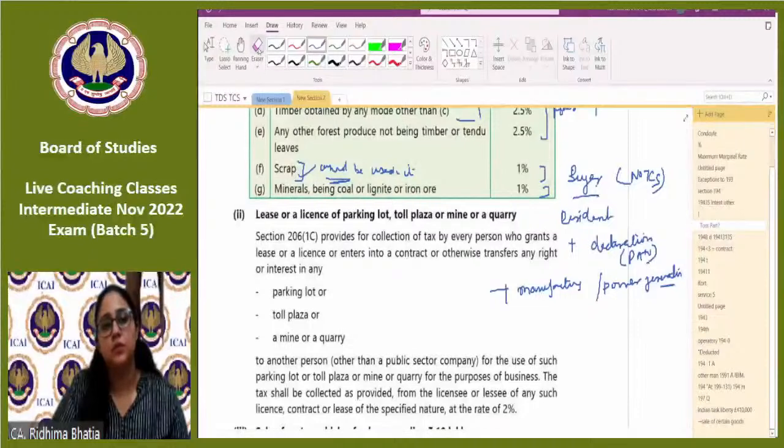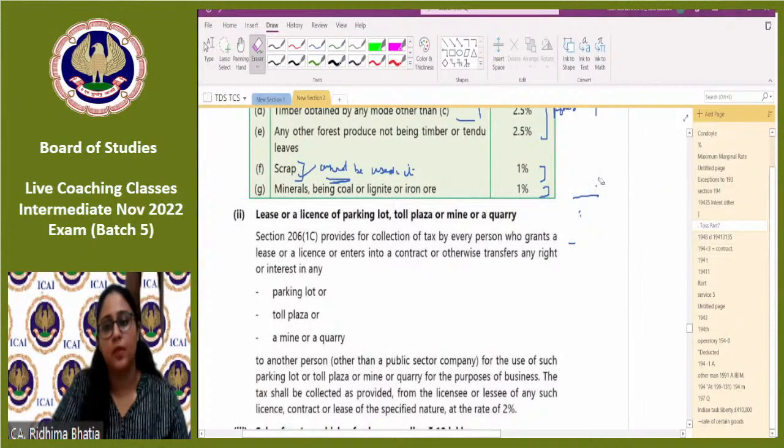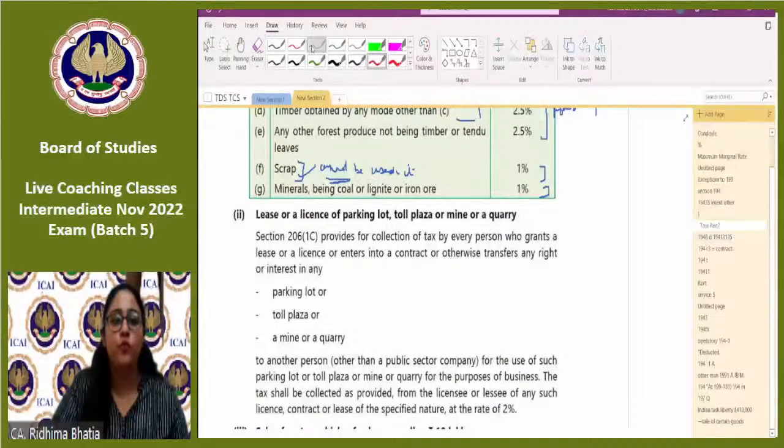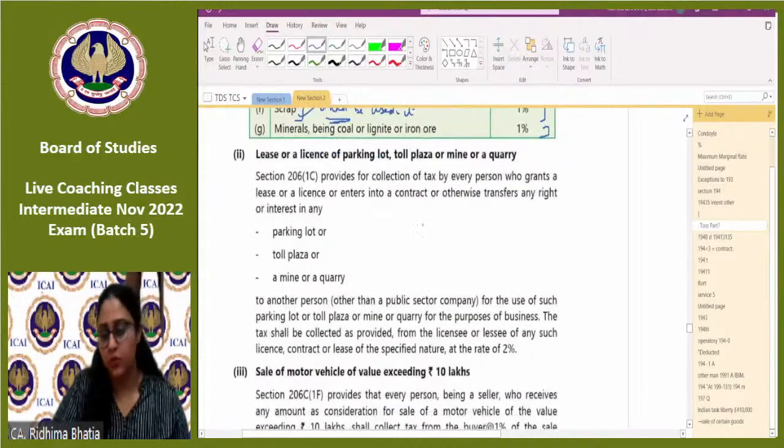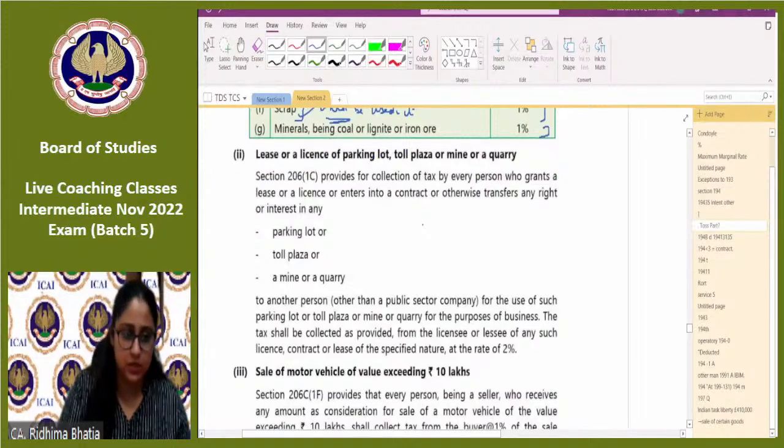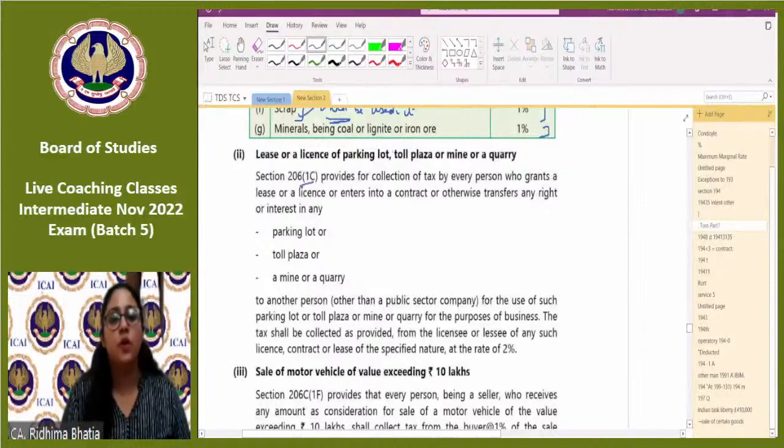Next is my concept of 206C subsection 1C. Under TCS, lease or license of a parking lot, toll plaza or mine or quarry. Now, इसमें क्या होता है?